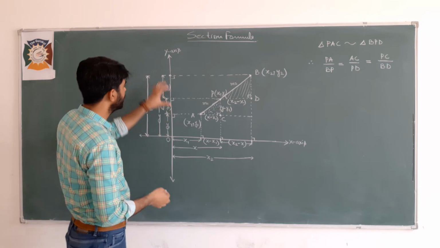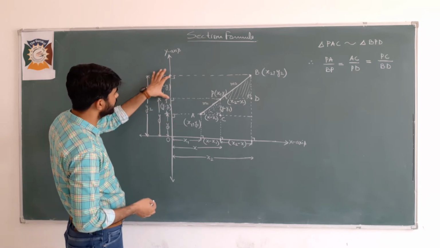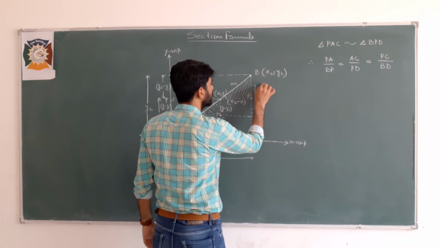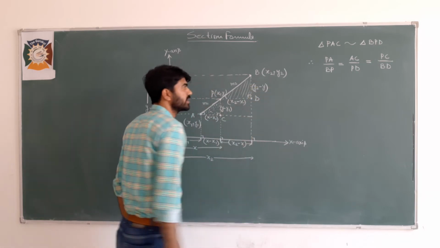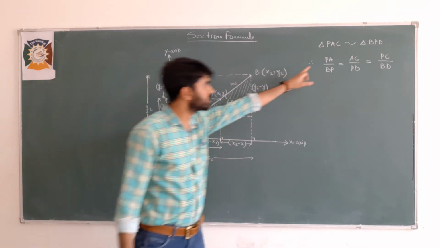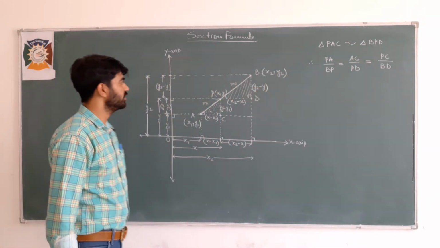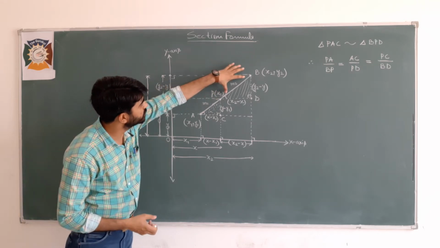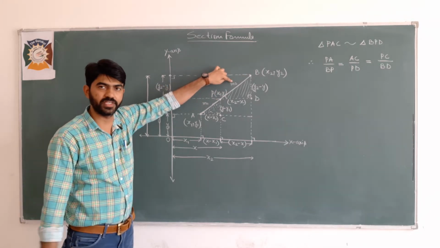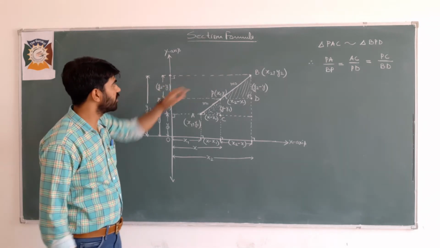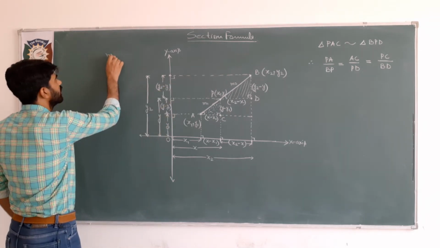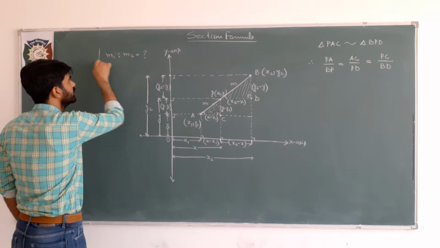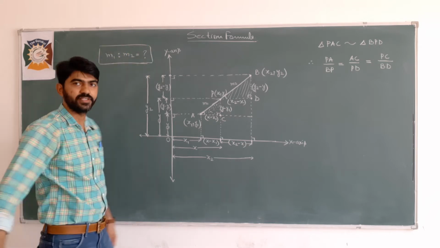Similarly, this much distance is y2 minus y, so BD will be y2 minus y. Now if I put the values of these sides, see what we get. This AP is M1 and this BP is M2, which we have already written. So we need to find the ratio of M1 is to M2. This ratio we need to find.